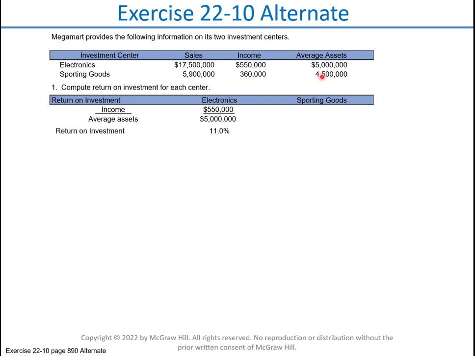Their return on investment is 11%. Sporting goods, their income is $360 divided by the $4.5 million. Their return on investment is only 8%. So if they were choosing between these two, they would obviously choose the electronics.